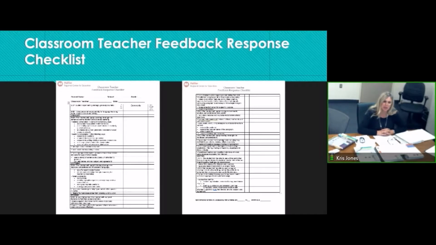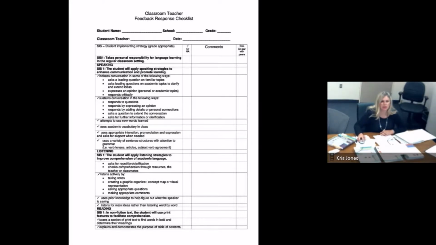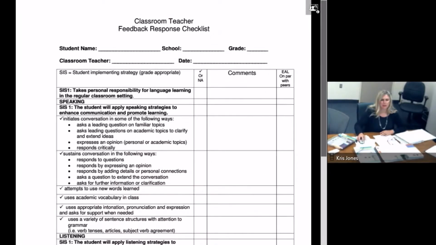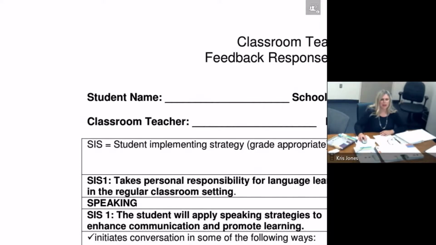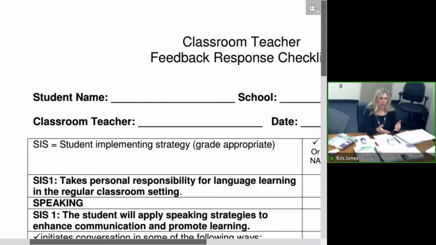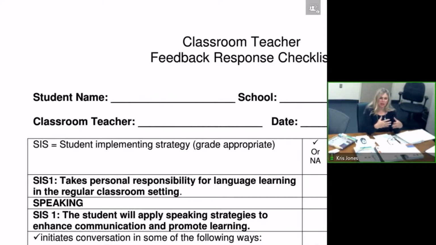So if you look at the classroom teacher feedback response, I'm going to bring this up over here and zoom in a little bit. So what happens now is this tool is usually utilized around the intermediate level where students are starting to create some independence.